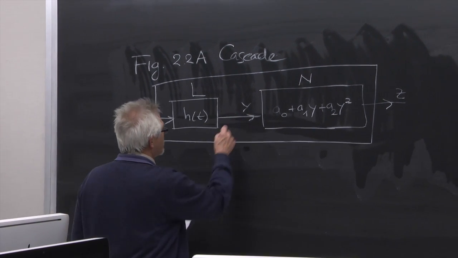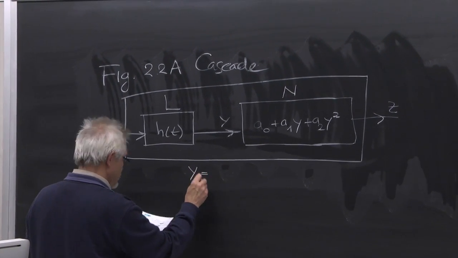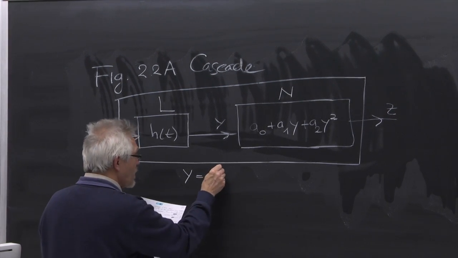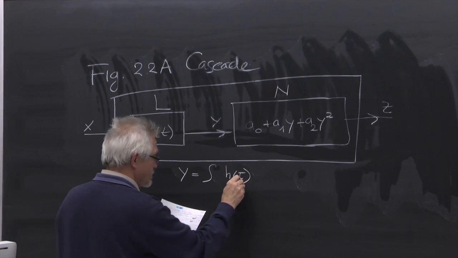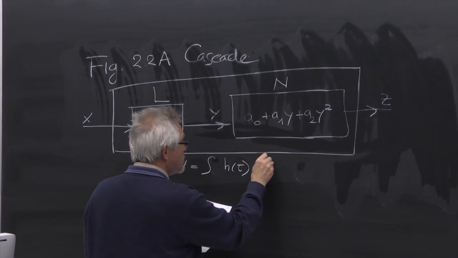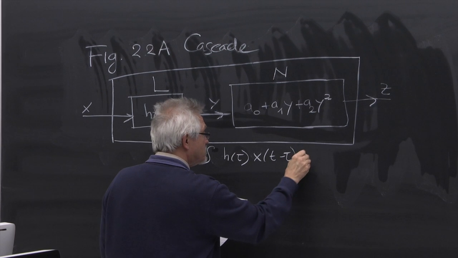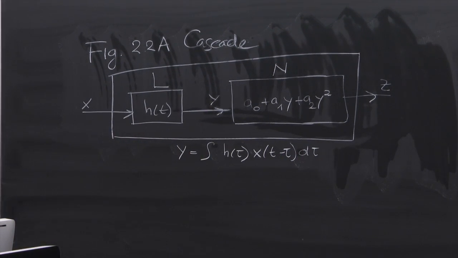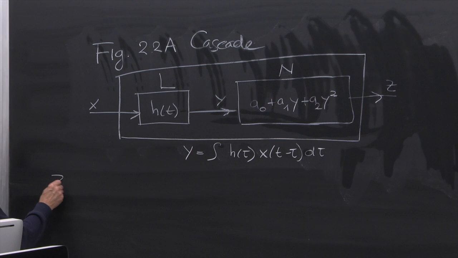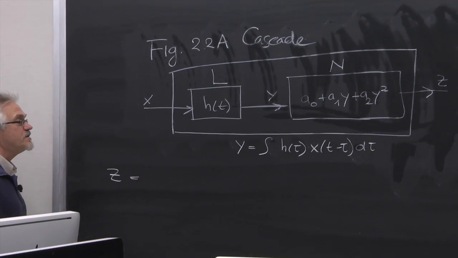And we know from that, y is nothing else than the convolution of the unit impulse response of the system. Isn't it? We know that. And so since we now know what our nonlinearity is, we can write an expression for the overall output z.